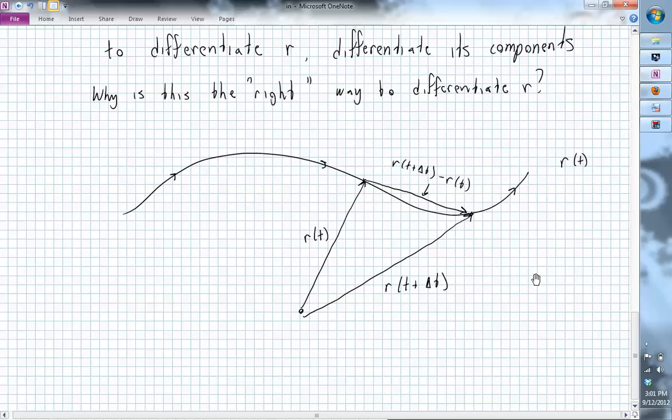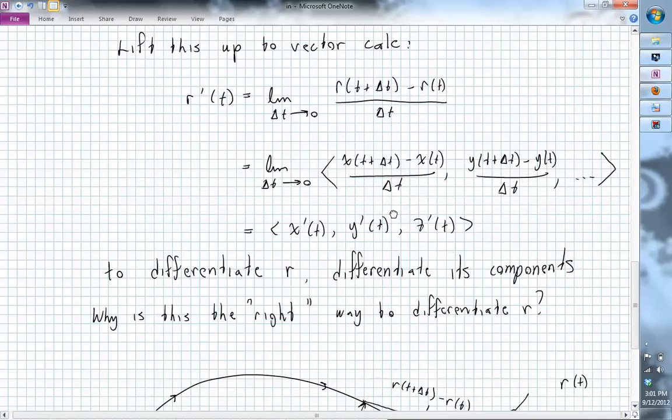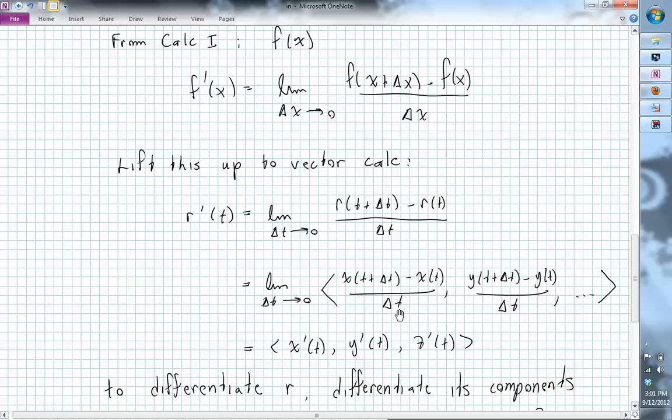What I'd like to do is prevent that vector from going away. So I want to keep the magnitude of that vector from going down to 0. One way to do that is to divide it by a scalar that's getting small. That's where the delta t comes in. So as delta t goes to 0, these two are coming together and going away, but with the delta t in the bottom, that prevents it from disappearing. It actually means something. It gives us something useful.